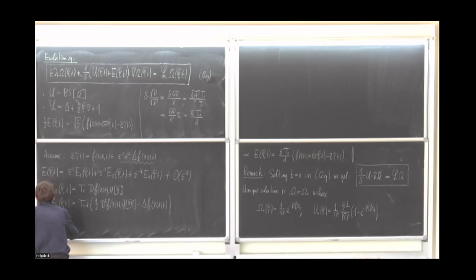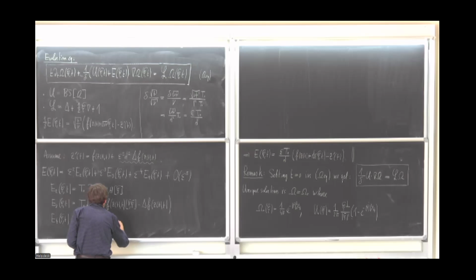And now finally, E4 of psi, t is equal to T0 t squared over 6 times the third order differential of f at z of t.